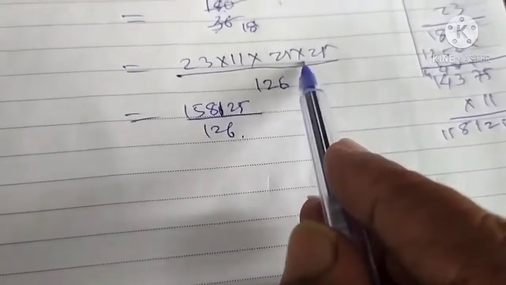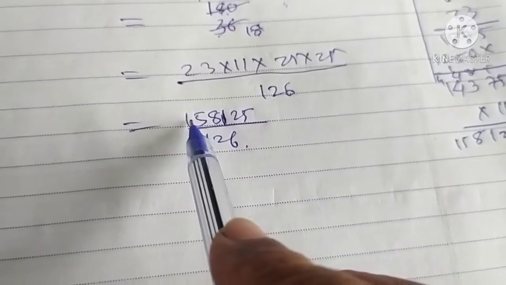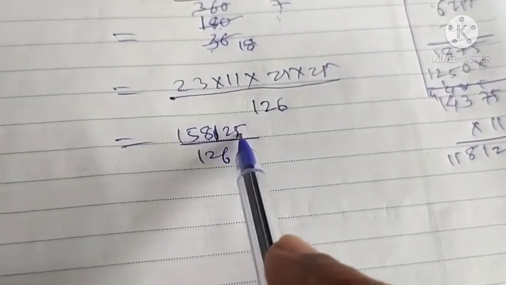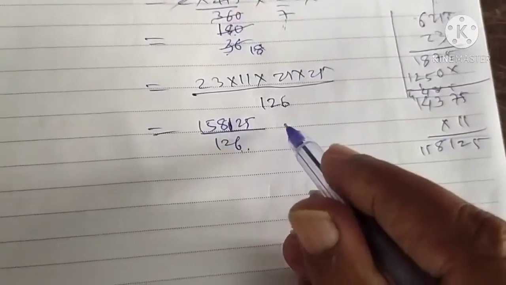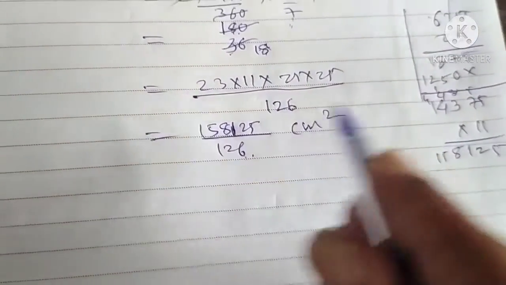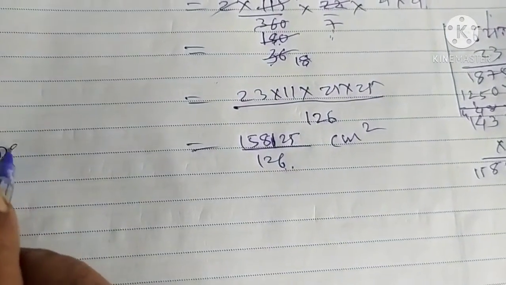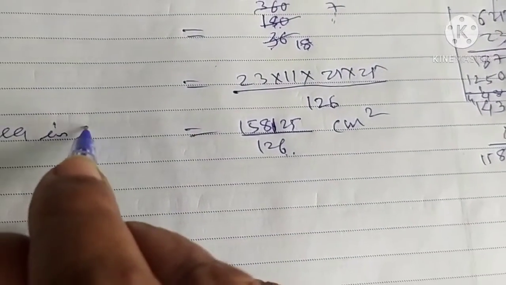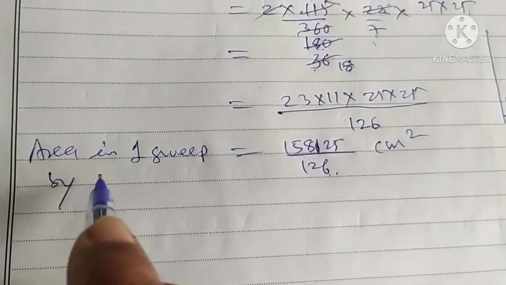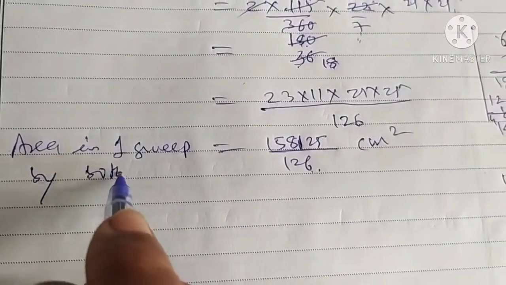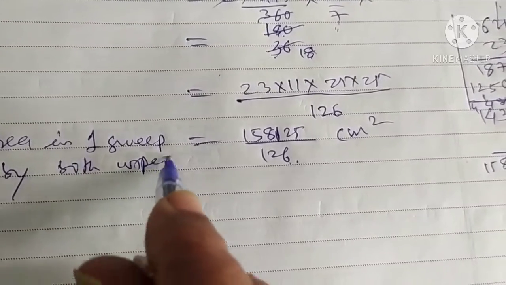So now multiply these numbers, you will get 158125 upon 126. After this, no need to cancel, leave as it is only. Square centimeter. So area in one sweep by both wipers. Clear, students? Very nice.